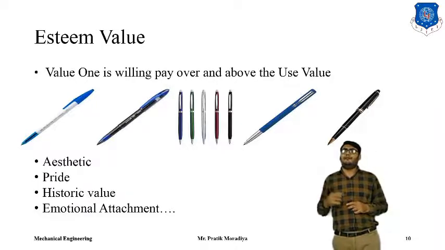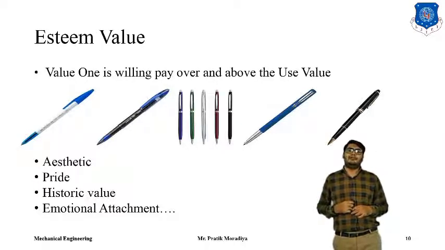Then some of them might have historical value. For example, the sword of Tipu Sultan that was auctioned some years back. It has nothing useful in it. So its use value was zero, because no one will be using that sword. Till someone paid crores of rupees for that sword. Why?